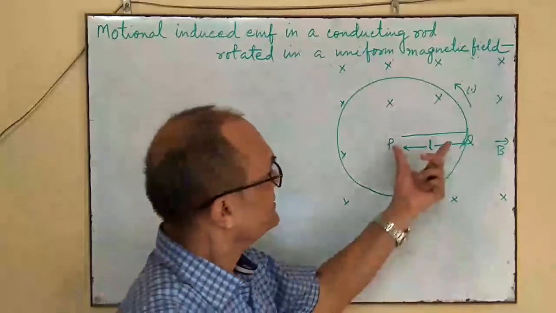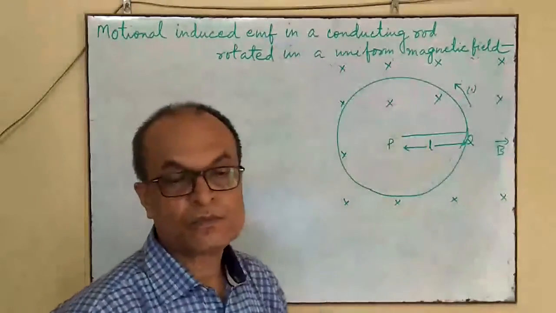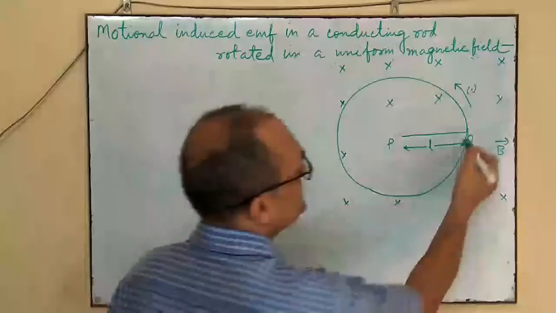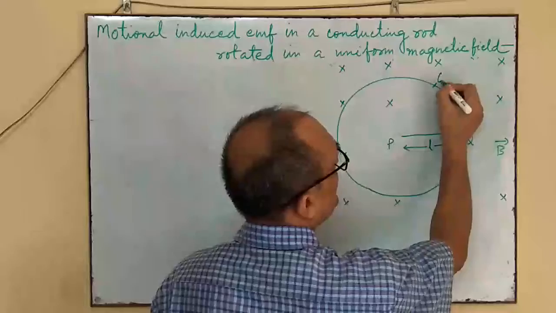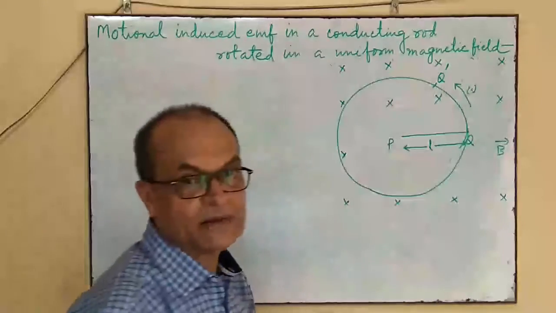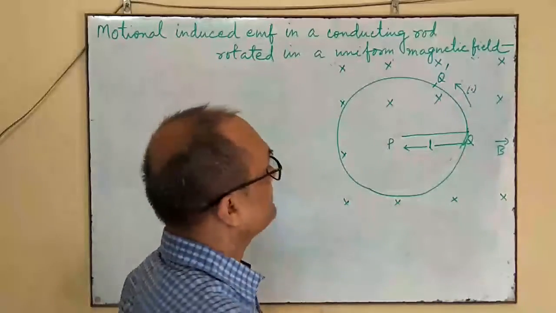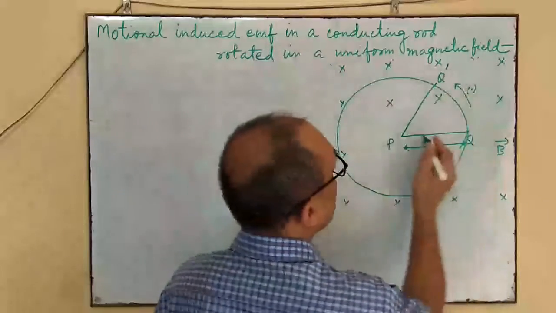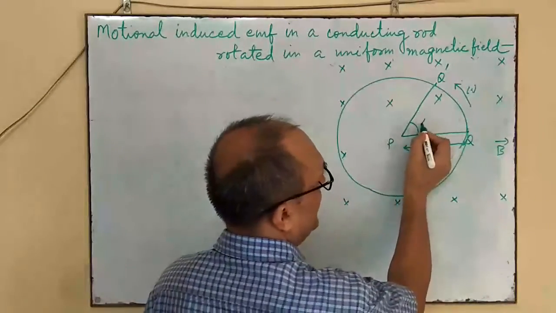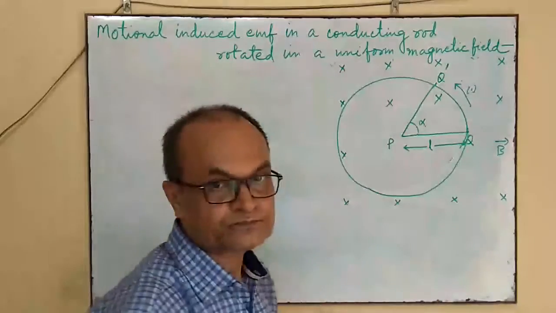So this rod PQ is moved, and this end comes to this point Q dash after some time T, and this OQ describes here an angle alpha.